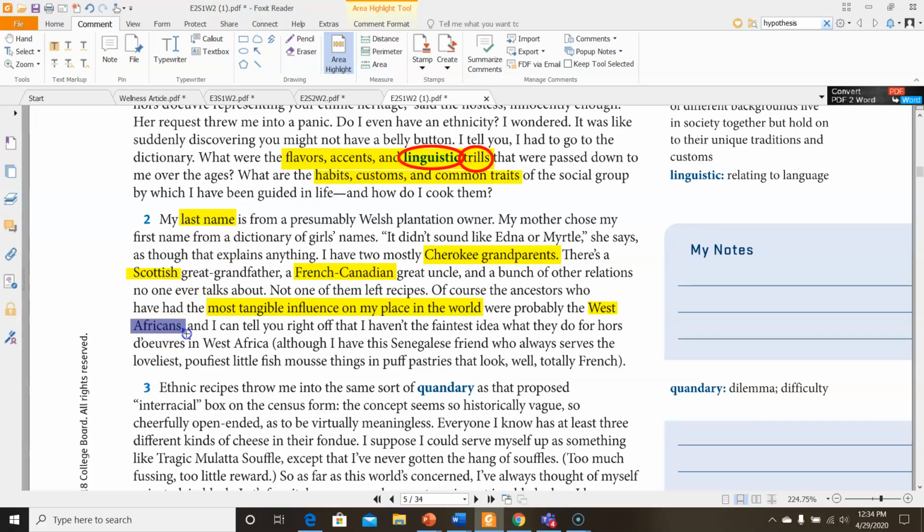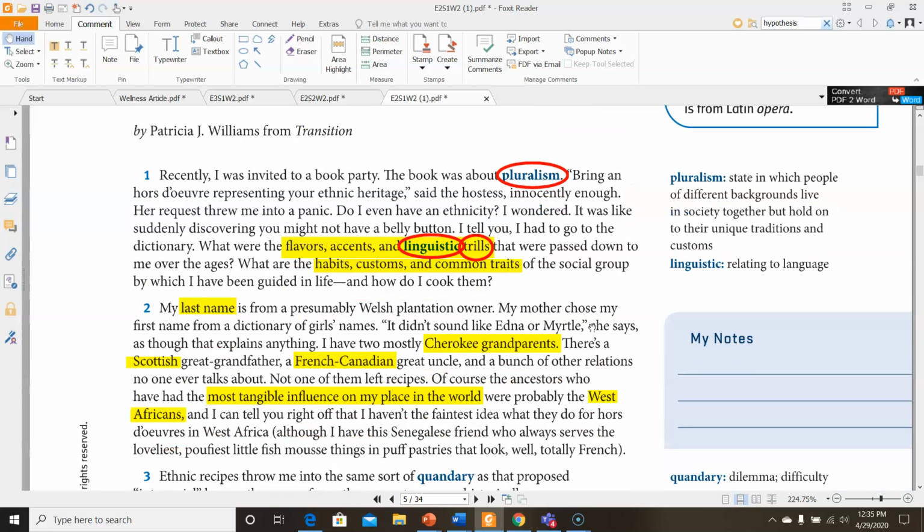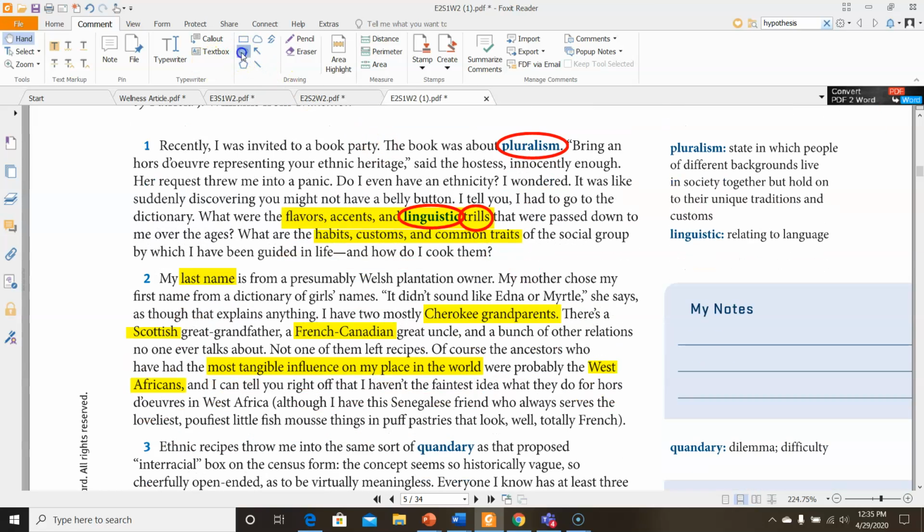She also is talking about how she doesn't know what they're doing for hors d'oeuvres there, but her Senegalese friend makes a nice dish. So I wanted to circle words that you might not understand. I don't know if you guys know the word presumably.